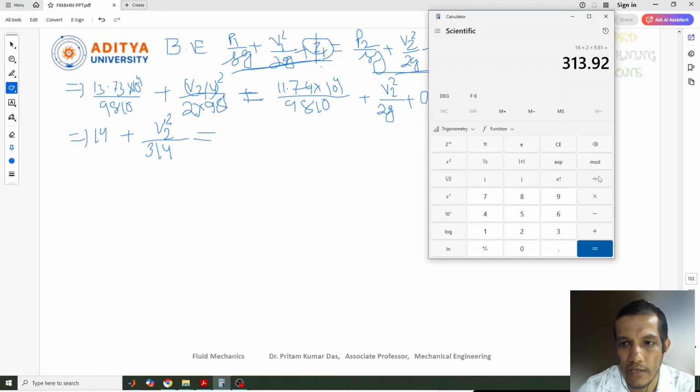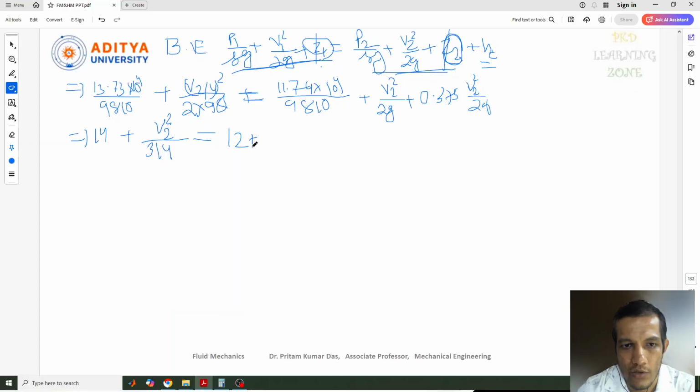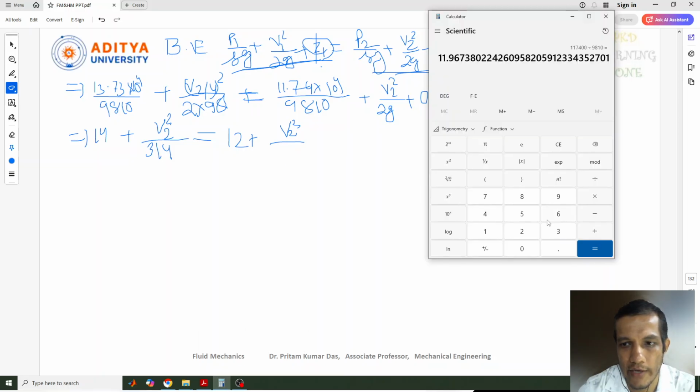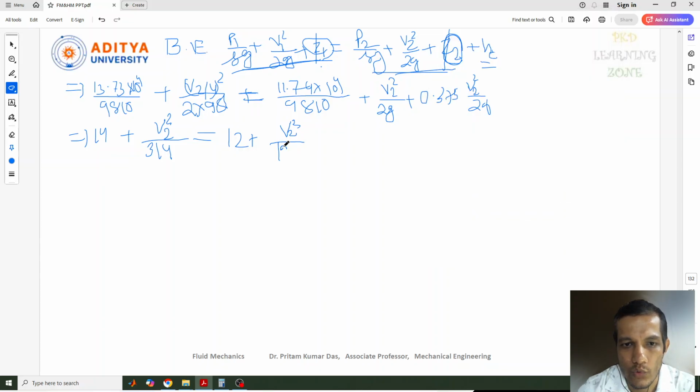Equal to, again multiplying the value, 11.77 into 10 to the power 4 divided by 9810 gives 11.96, so we can write 12, plus V2 square by 2 into 9.81, which is 19.62, plus V2 square by 2g into 0.375. Okay, so this is the equation now.